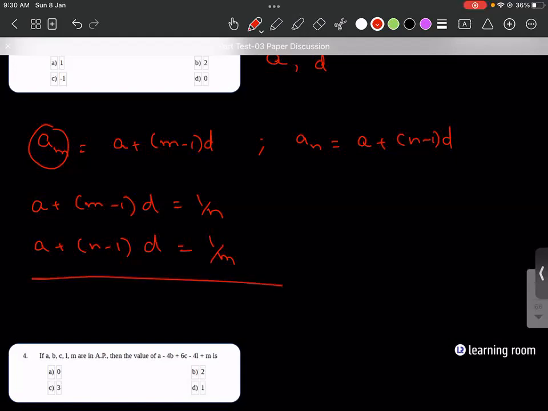So you have two separate linear equations. But it has 4 variables.